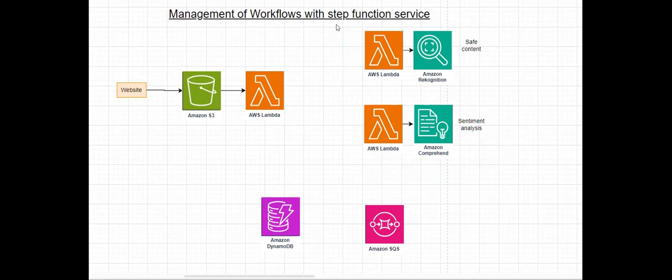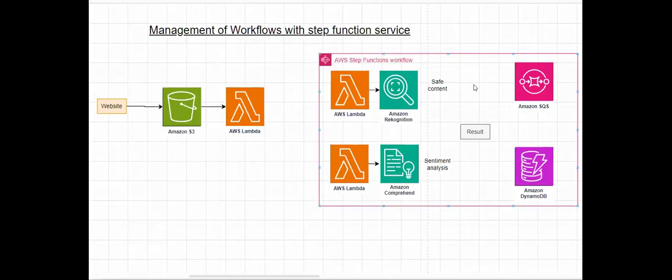Yeah. So to manage these workflows, we have a service in AWS, that is Step Functions. By using a Step Functions workflow, we can manage all these processes. That is, first processing these two parallelly.